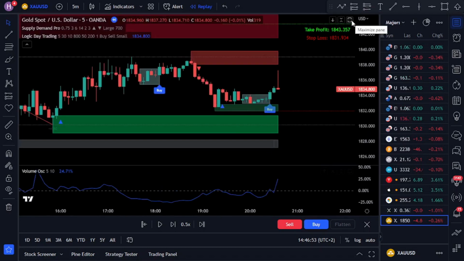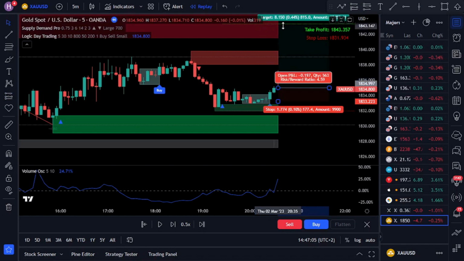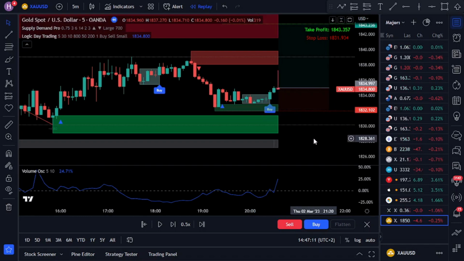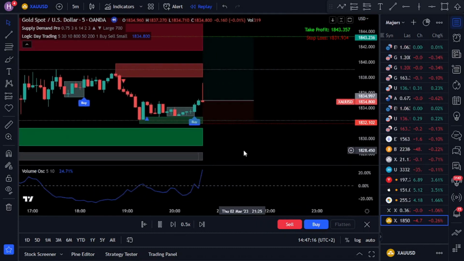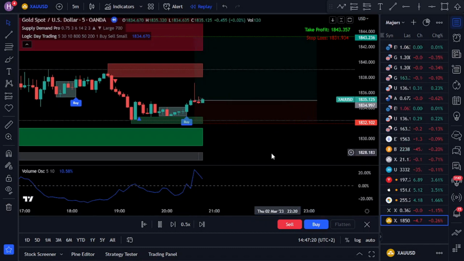Next, simply enter your buy trade using the stop loss and take profit provided by our indicator and let it play out. As simple as that. So after these three confluences are in place, simply enter your trade using the stop loss and take profit that is automatically generated by our indicator.